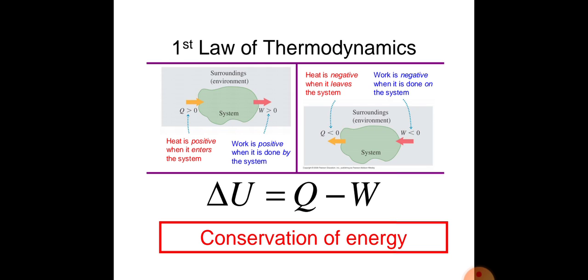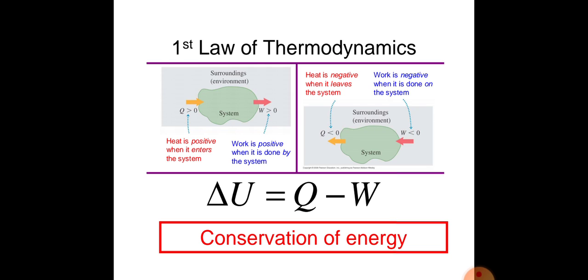Okay, as shown in the figure, heat is positive when it enters the system, and work is positive when it is done by the system, as shown in figure number 1.